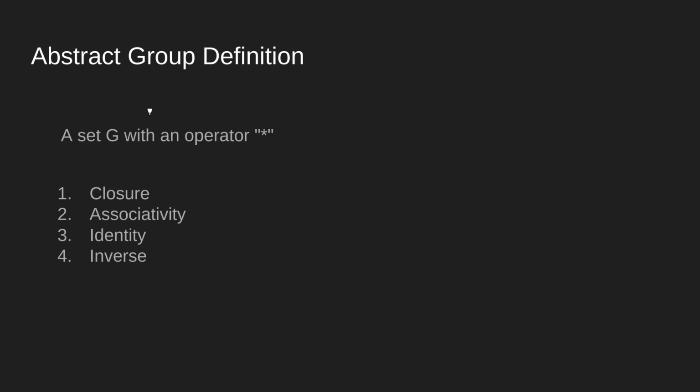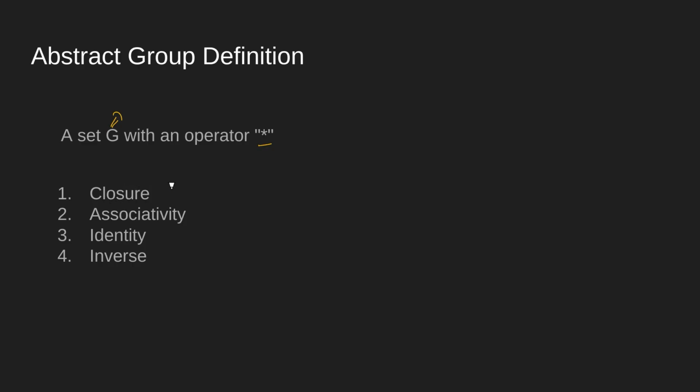so what is a group? In math, a set G will be called an abstract group with an operator star if it satisfies the following 4 properties.